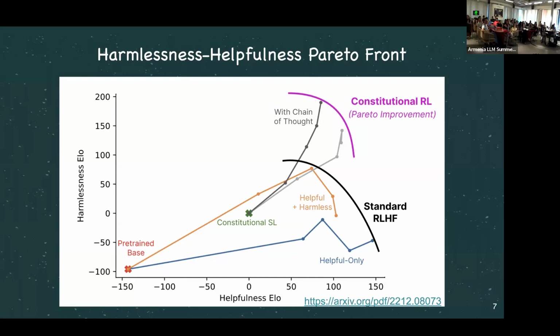You can get slightly less helpfulness with significantly more harmlessness. And so this Pareto front is basically all these models, all the trade-offs that are available between harmlessness and helpfulness.